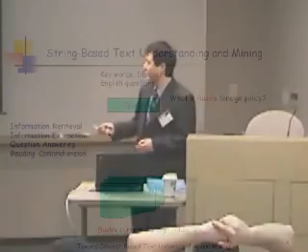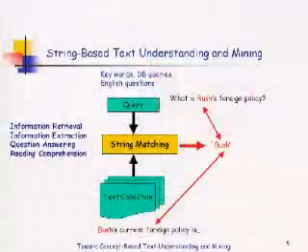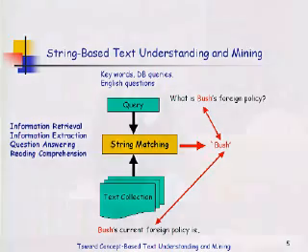Typically, we have a large collection of text and a query. Depending on the task, like information retrieval or information extraction, the query could be some keywords, some database queries, or some English questions, like in a question answering system. Then the process of identifying relevant information is done by string matching.